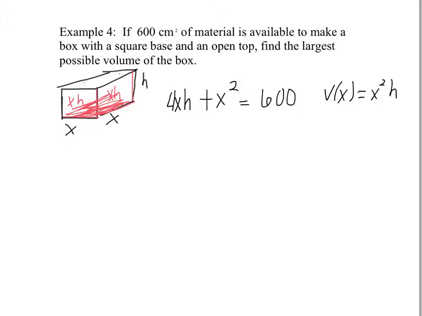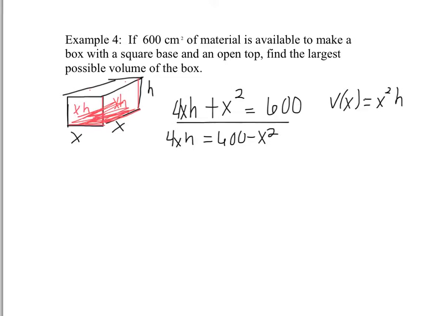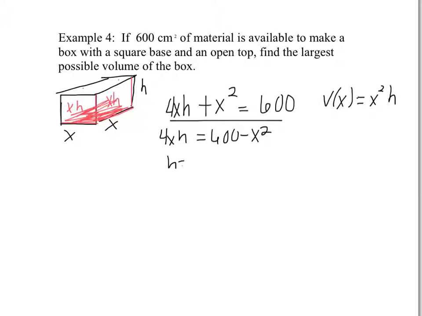There's an h in the volume, so we're first going to have to solve for h over here and then plug it in. So if I do that, I get 4xh equals 600 minus x squared. And I'm going to go ahead and divide by the 4x to get me a height expression in terms of x of 600 minus x squared over 4x.